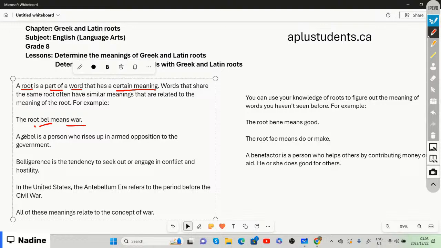So here we have our first one, which is rebel, and there we have the word bell in rebel. It's like the person is disobedient, it's almost like you're unlawful, right?